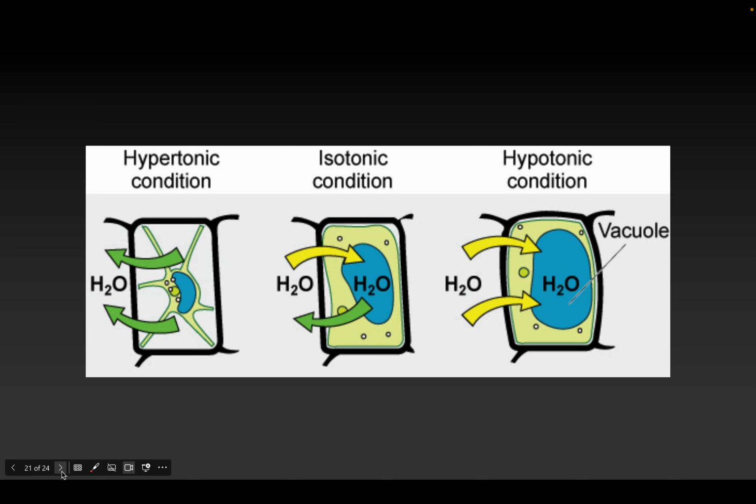Just to emphasize, for plant cells the cell wall, of course, will not be affected, but the cells surrounded by the cell wall will still manifest the expected changes in size depending on the tonicity of the ambient solution.